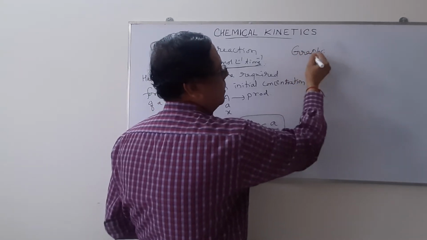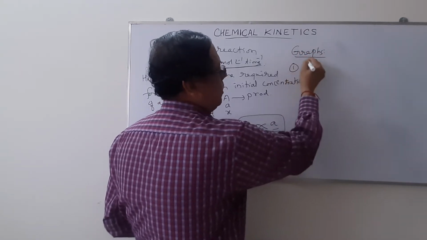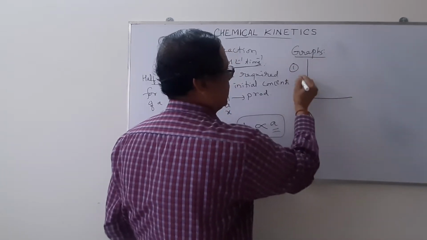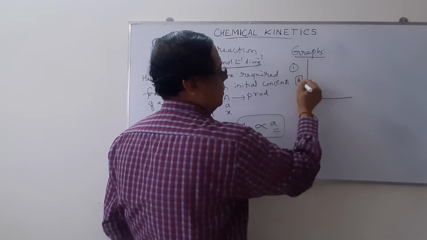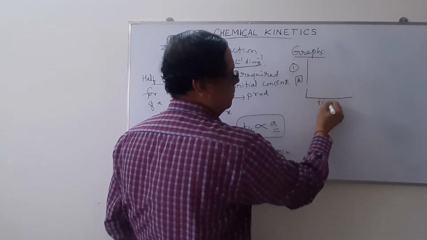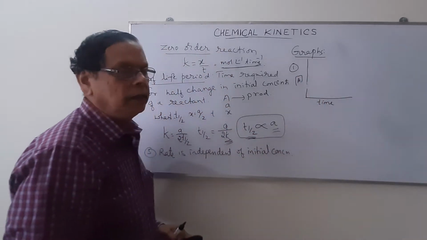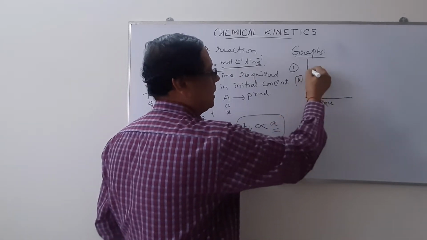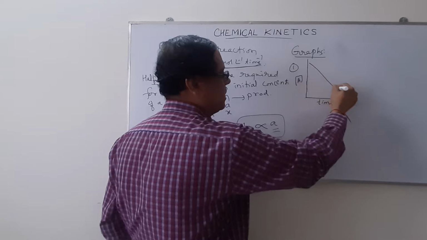The graphs. The first one is when you draw the graph of concentration of the reactant with respect to time. As the time increases, the concentration of the reactant gradually decreases in a linear manner.